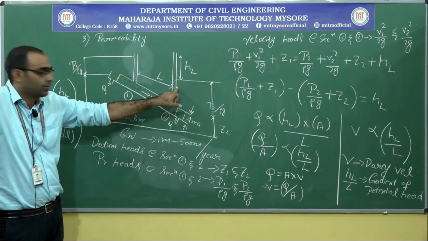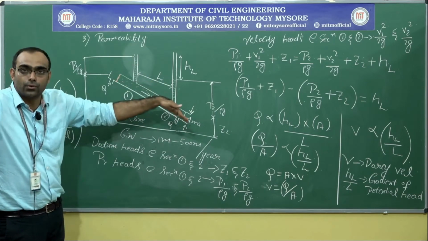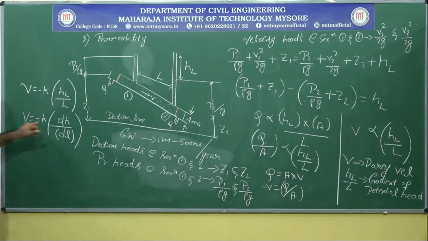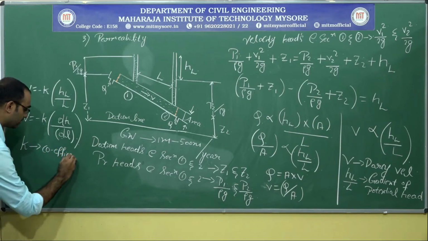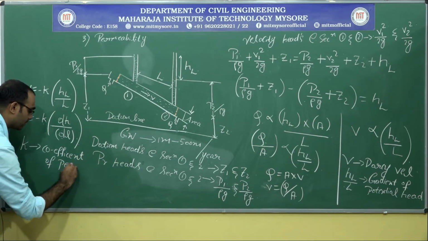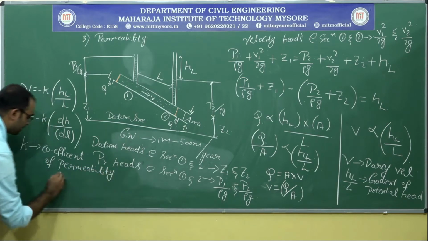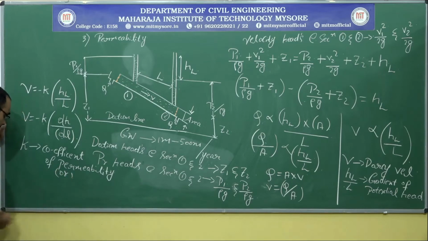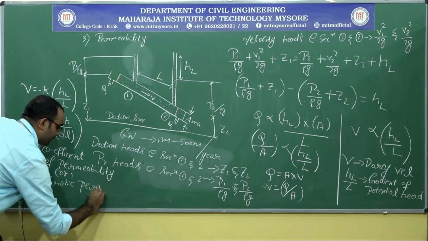It is the loss of head in the direction of flow, that is why I have written it as minus, and this K is nothing but the coefficient of permeability, or you can say hydraulic permeability.